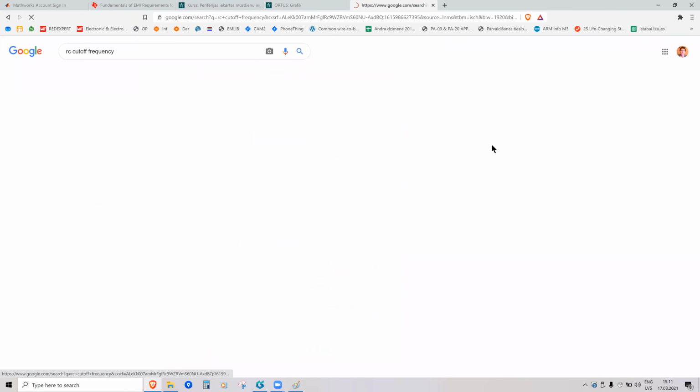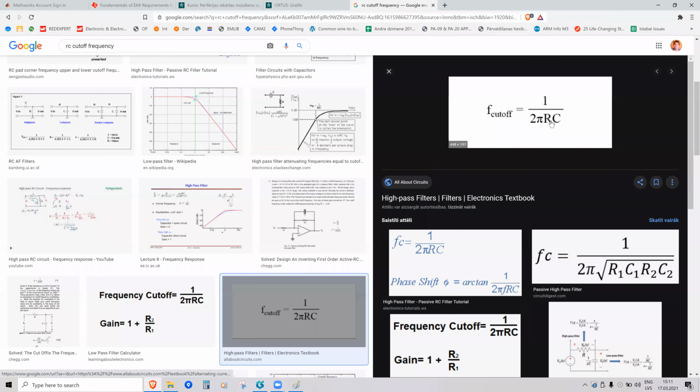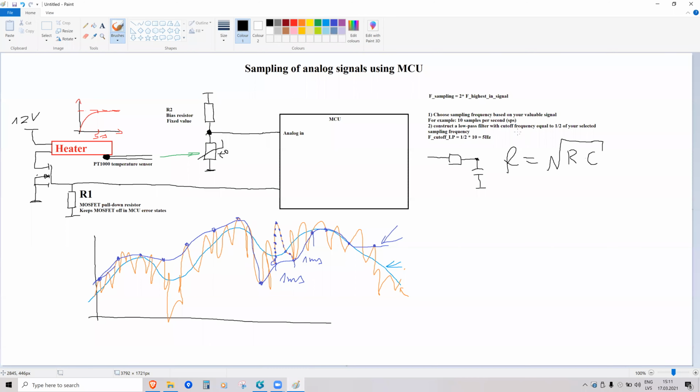I don't remember. There is 2 pi RC, I think, 1 over 2 pi RC. Yeah, okay. I can just find it on the internet. So 1 divided by 2 pi RC. Okay, so that's how you would calculate the value of R and C.